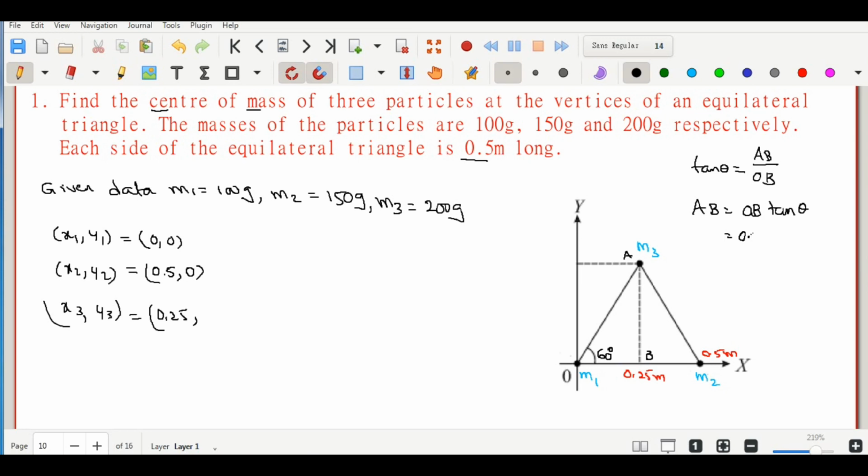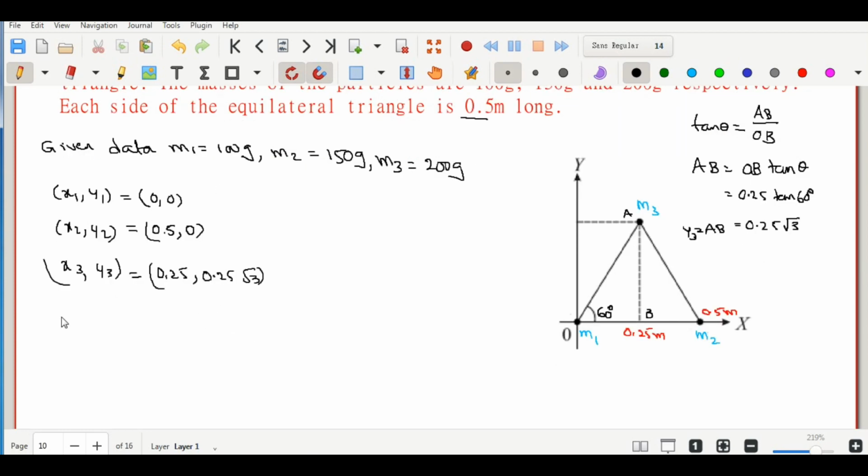That is 0.25 tan 60 degrees, which is 0.25 into root 3, since tan 60 is root 3. So the AB value, that means y3, will be equal to 0.25 root 3.